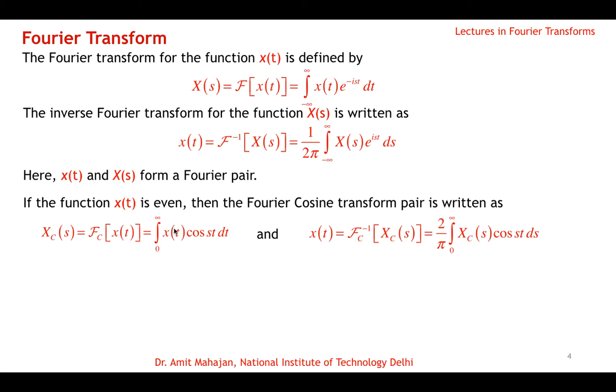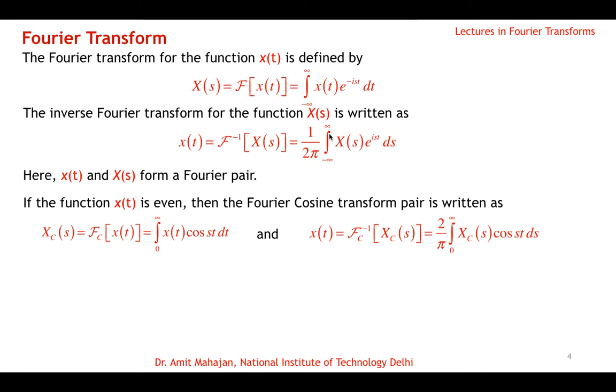Because the function is even, this integral will give 2 times 0 to infinity. And this will also become 2 times 0 to infinity when instead of the exponential you have a cos, and x(t) is even, then this whole product will be even. So the integral from minus infinity to infinity will actually be 2 times 0 to infinity.